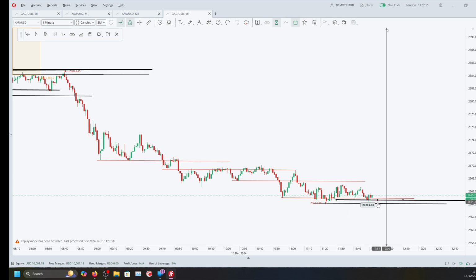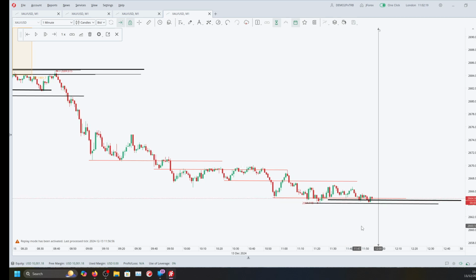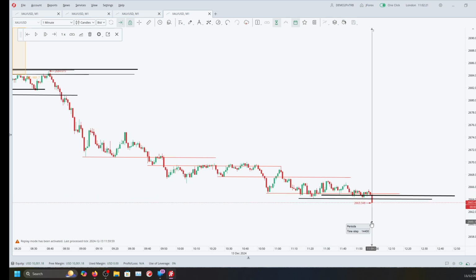See, price is rejecting off of here again. Price has now come down through it. But there, coming out of here, there was a couple of good places to be going short.